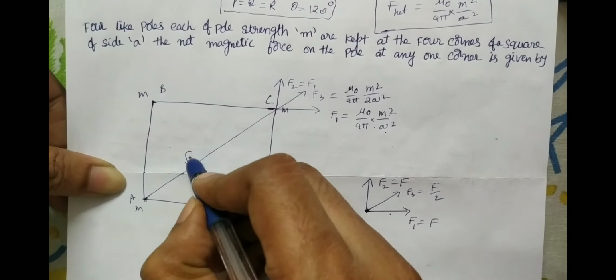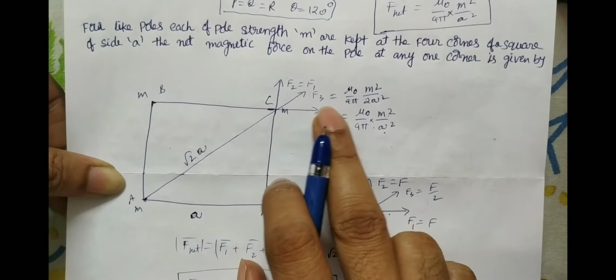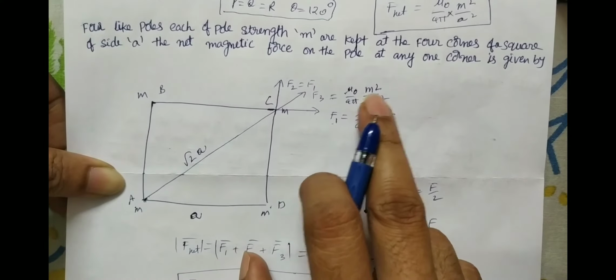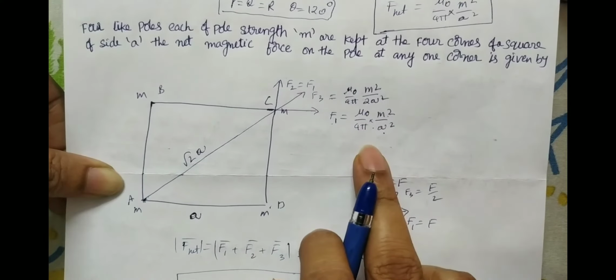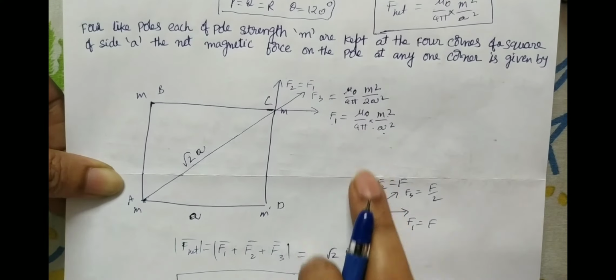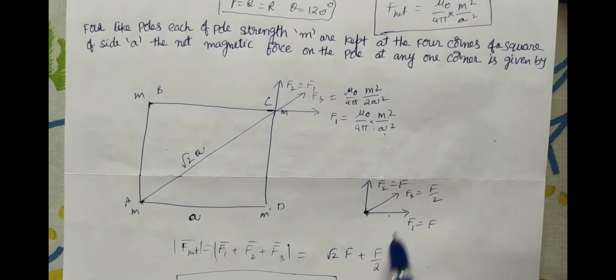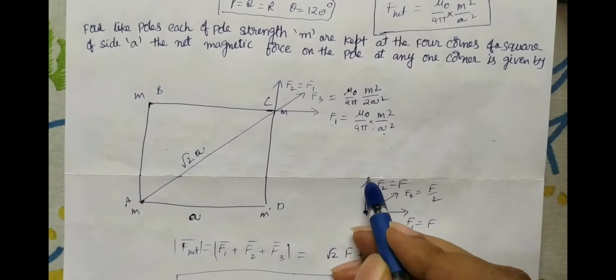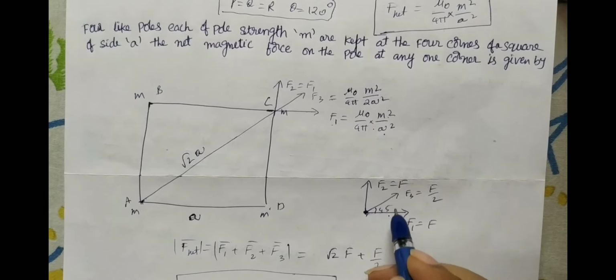But what is the force acting due to A on C? The distance from here to here is root 2 A. So due to that we get F equal to mu naught by 4 pi m square by root 2 A whole square, which is 2A square. And here we have three forces. One is F1 acting along the horizontal, F2 acting vertically, and F3 acting slantwise like this, making 45 degrees here.